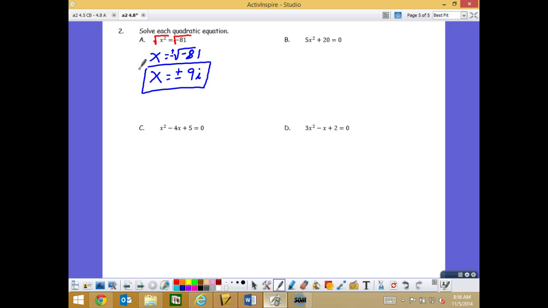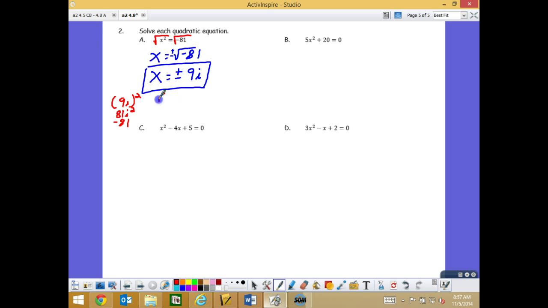Now, with a quick check, and why this works, if we take positive 9i and square it, 9 squared is 81, i squared, remember that's negative 1, so 81 times negative 1 is negative 81. That's why it works.